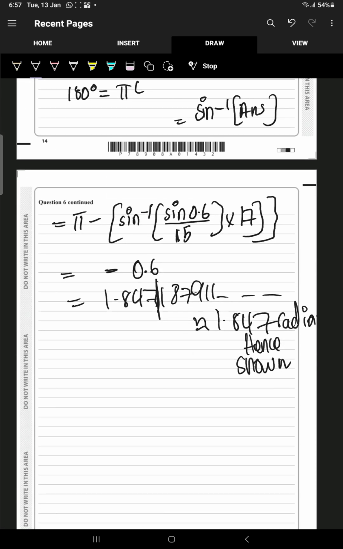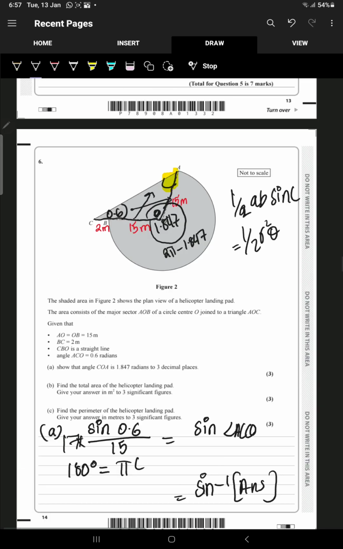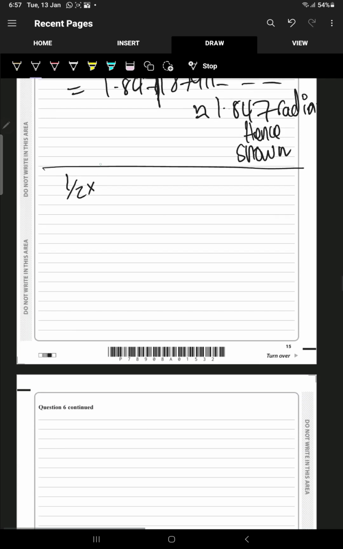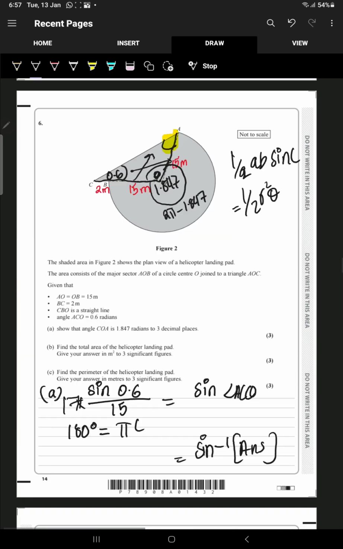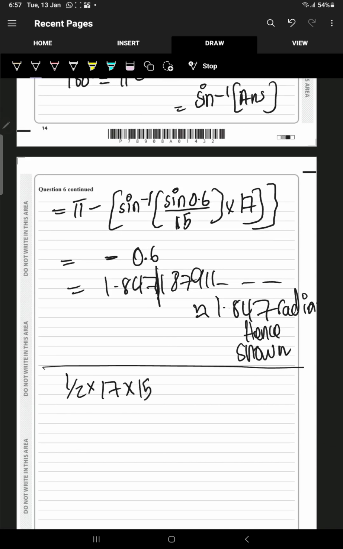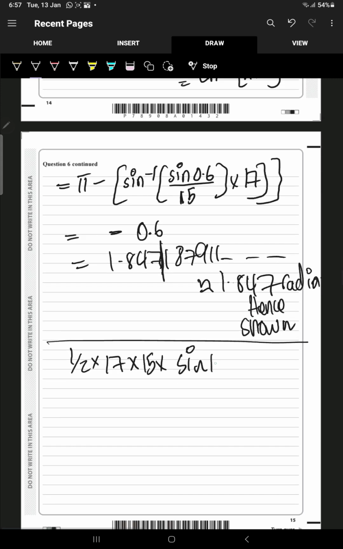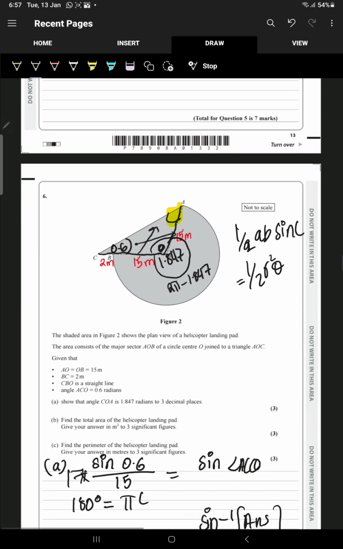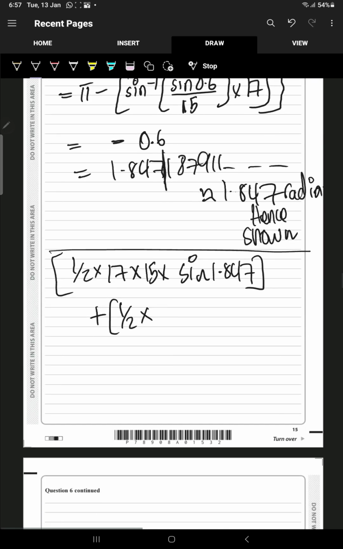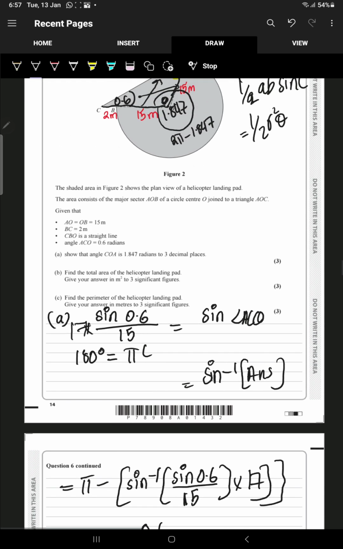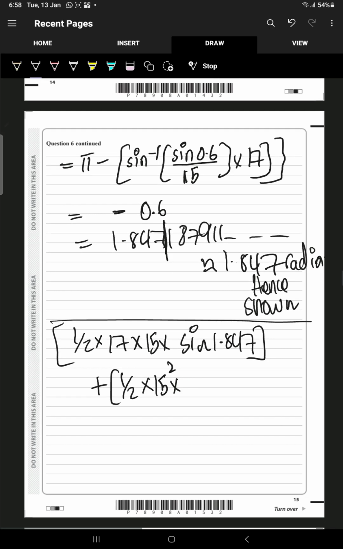So half times 17 times 15 times sine of 1.847, and we add the area of the sector as well: half times the radius 15 squared, times theta, the angle, which we found is 2 pi minus 1.847.